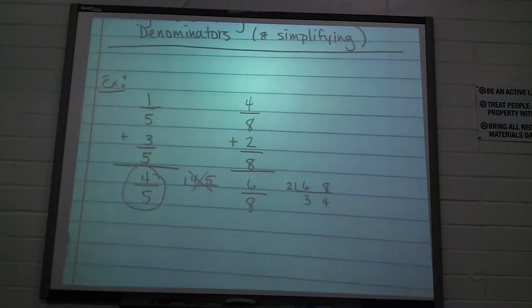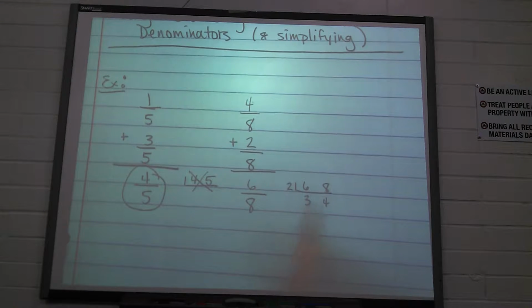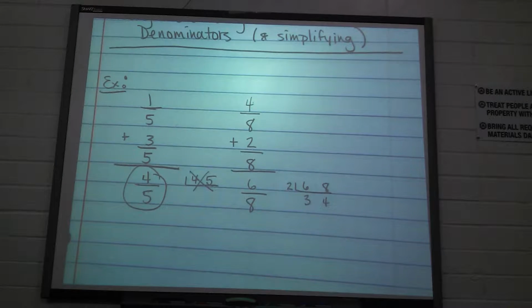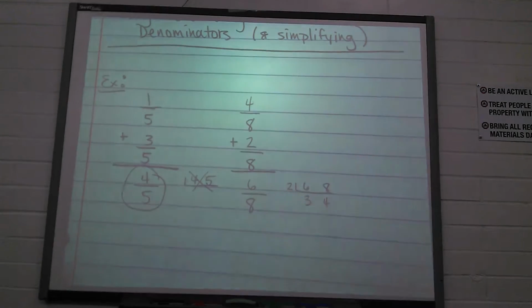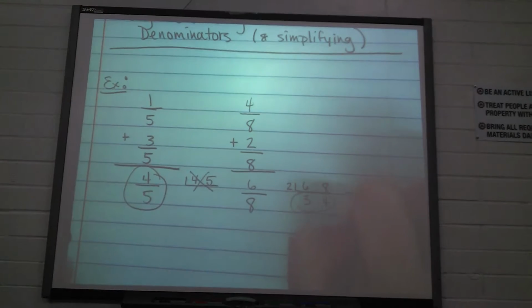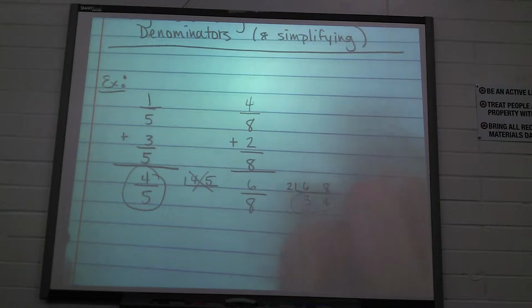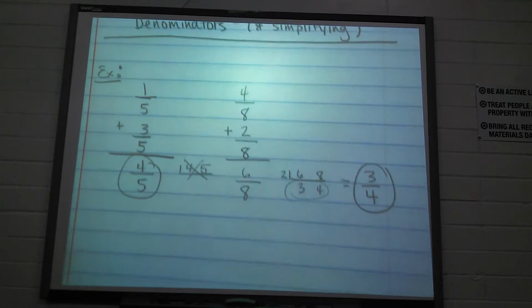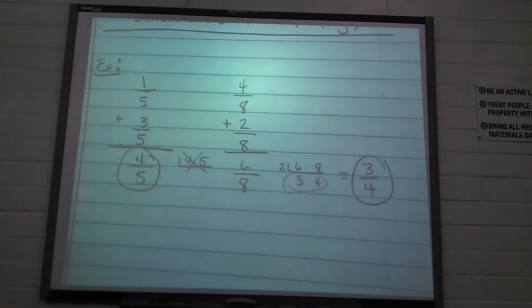That's 4. And these numbers, just like 4 and 5, these numbers are one number apart. So they do not share that greatest common factor. We cannot reduce them anymore. So our answer for this problem is 3/4. 6/8 can be reduced down to 3/4.